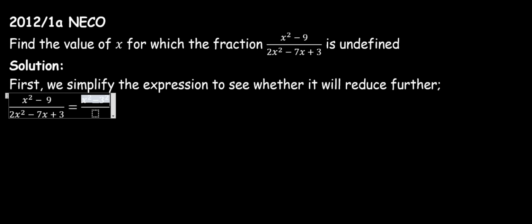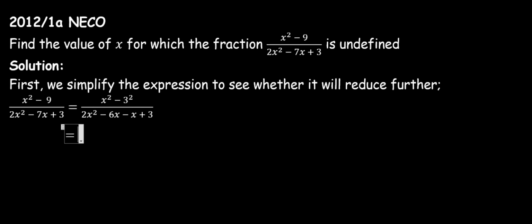Factorizing the quadratic at the denominator, our AC there will be 2 times 3, which is 6, and the factors of plus 6 that will give us minus 7 are minus 6 and minus 1. Hence, we rewrite the denominator as 2x squared minus 6x minus x plus 3.